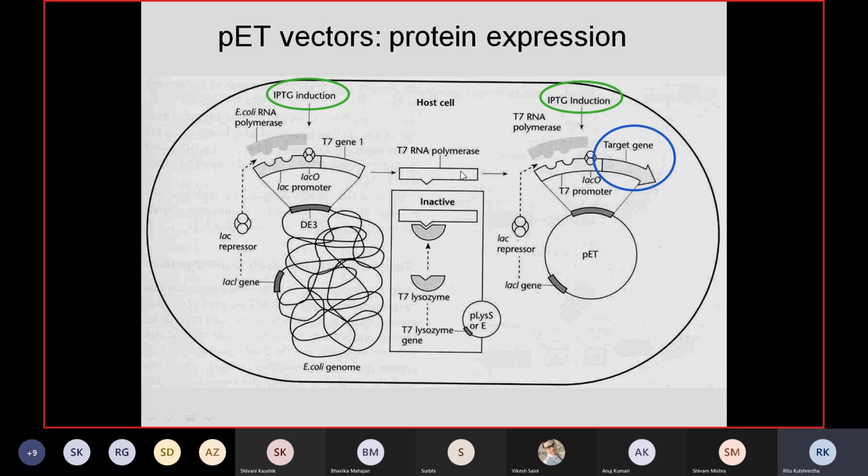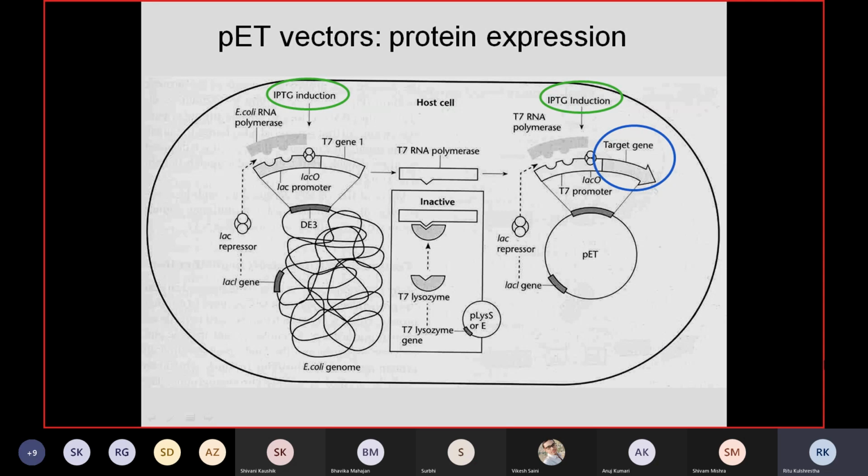So if T7 RNA polymerase is not being made to that high extent, the target gene will not be made to such high levels as to make it toxic for the bacterial cell. So this is the introduction to the pET vectors.